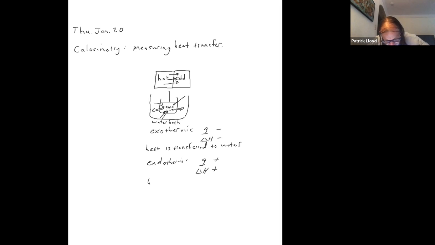And we would say that heat is transferred from the water to the gases. Okay, so endothermic, exothermic, those are our two choices.